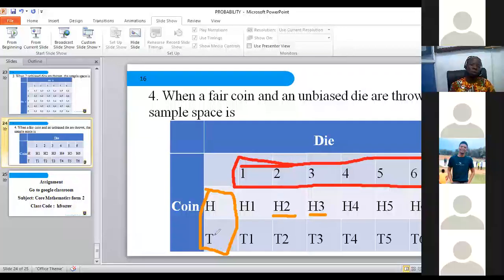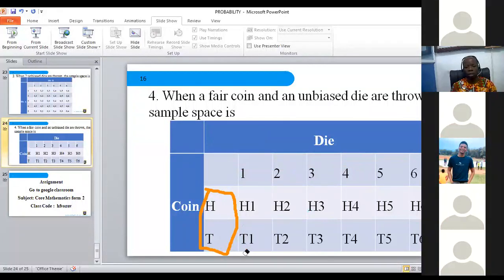Then when you come to the next one, picking the tail one after the other in combination, T and then 1 will give you T1, which means that the coin will show tail and the die will turn 1. So you do it this way. The set of possible outcomes is going to be all of this.